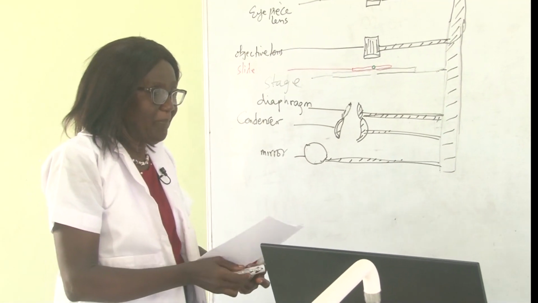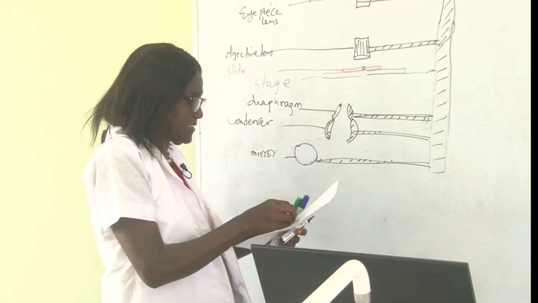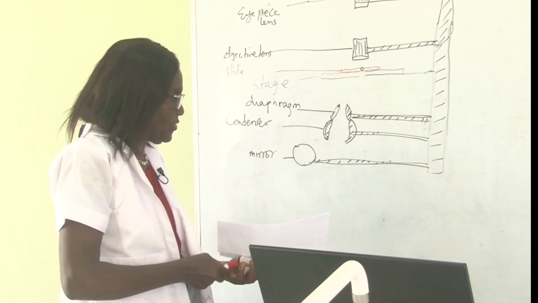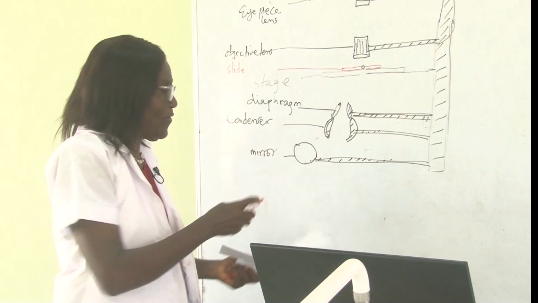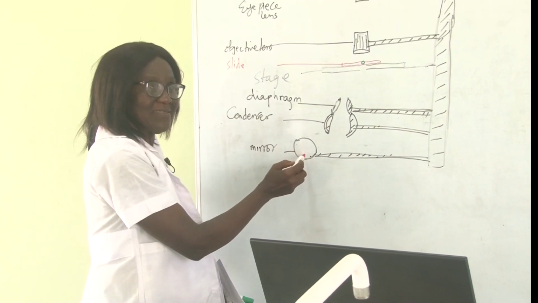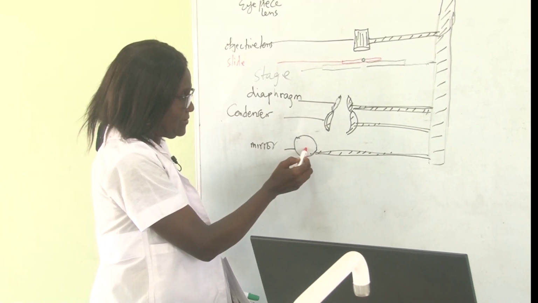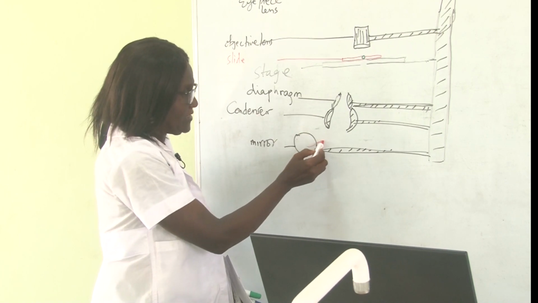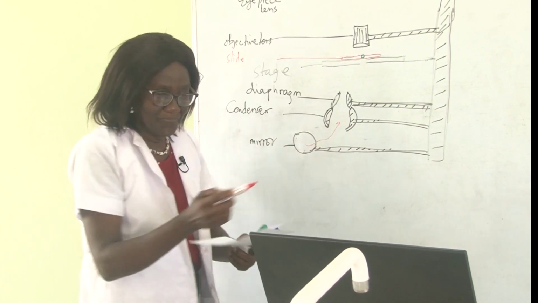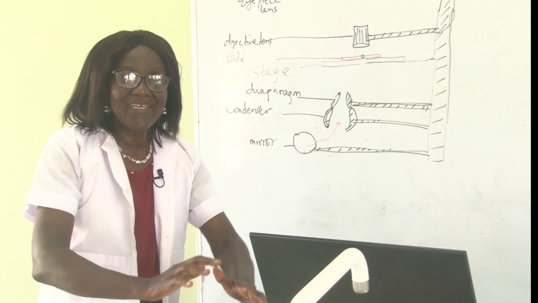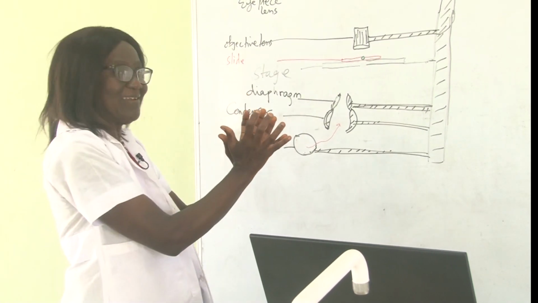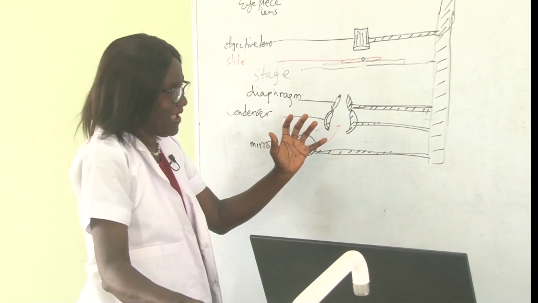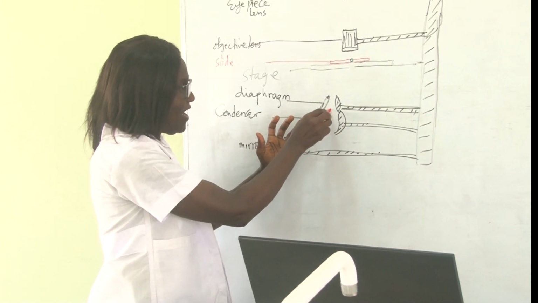What is going to happen is that light is going to pass through the mirror, which directs it into the condenser. The condenser concentrates the light, and then it passes through the diaphragm.